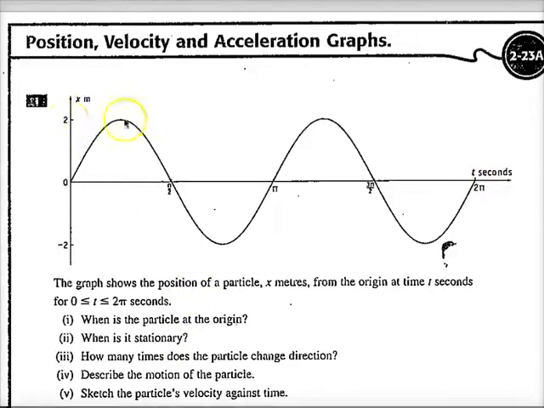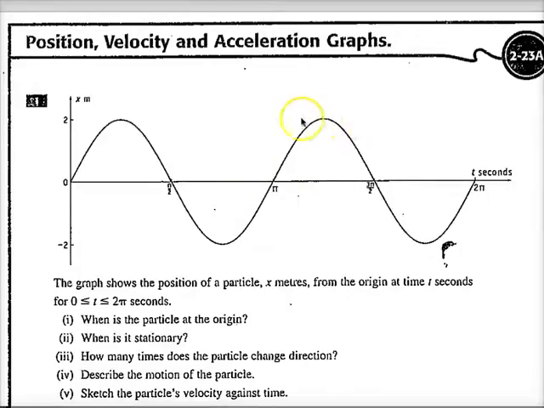It's stationary when the velocity is zero, remember velocity is the gradient of the tangent to the curve, so it's stationary halfway between 0 and pi on 2, which is at pi on 4 seconds, and then halfway between a half and 1, which is 3 pi on 4 seconds.